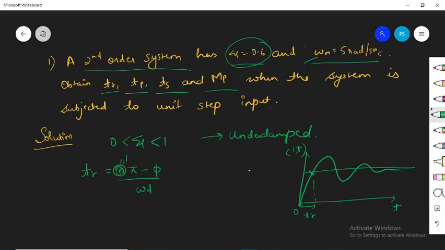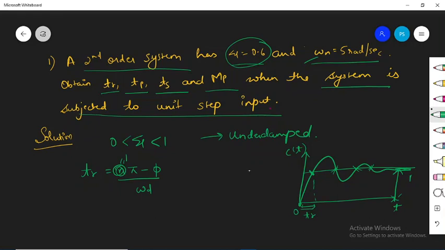We consider only the first instant, not the other instants, although at those instants also the output becomes equal to the final steady state position. And in the question, the system is subjected to unit step input. If the system is subjected to unit step input, the final steady state value is going to be equal to 1.